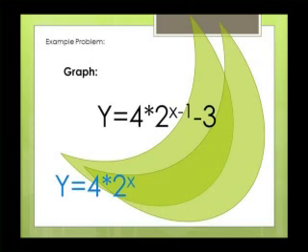You'll see that the first graph will be translated 1 to the right and 3 down from the parent graph of 4 times 2 raised to the x. And anytime that you graph a function and then its parent function, you can see what it's going to be translated by what's in the exponent, in this case the 1, and what's the constant, in this case minus 3.